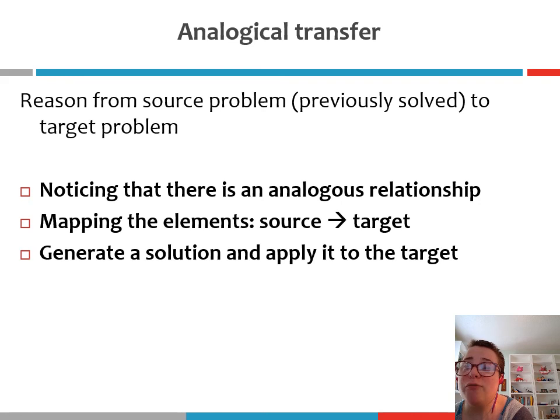This would involve, for example, generalizing from the many small groups of soldiers approaching the fortress from different directions to the idea of using weaker rays that would approach the tumor from different directions. So noticing and mapping, like I said, are arguably the most difficult steps in analogical problem solving. Okay, so let's go ahead and look now at the data obtained by Gick and Holyoak, just to review.